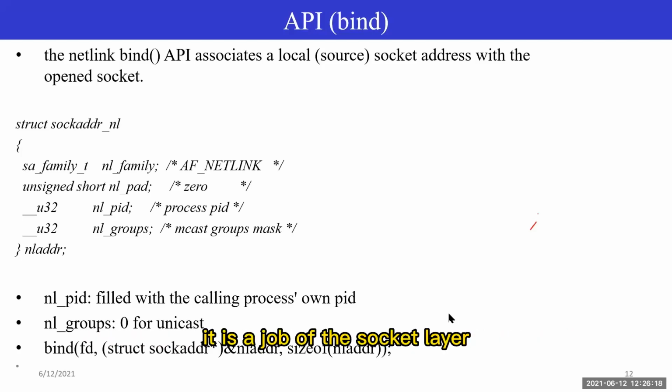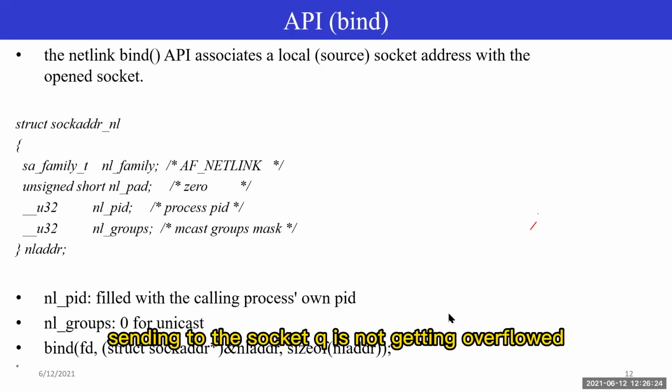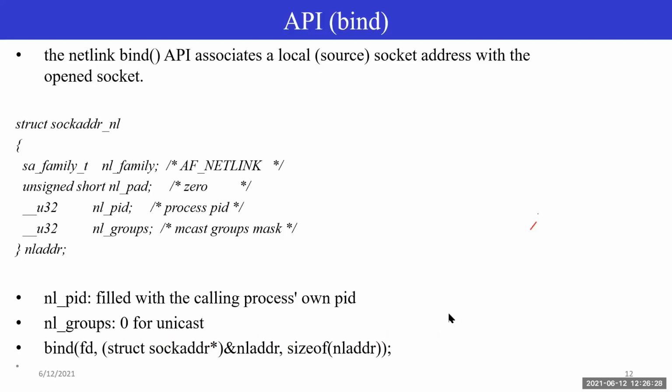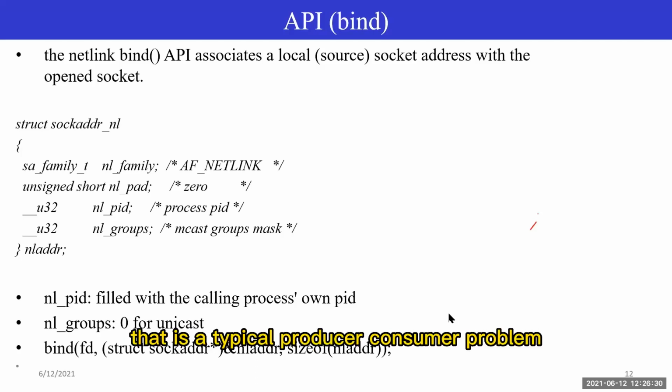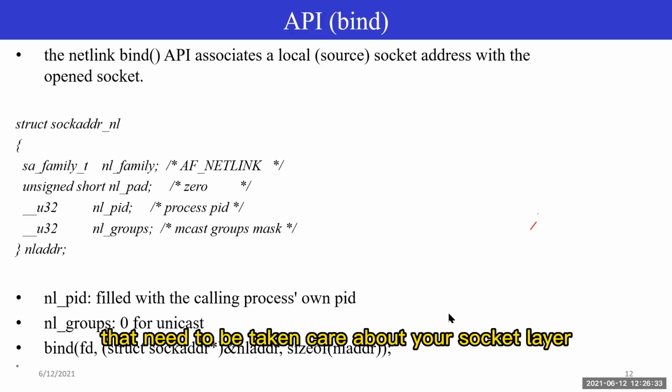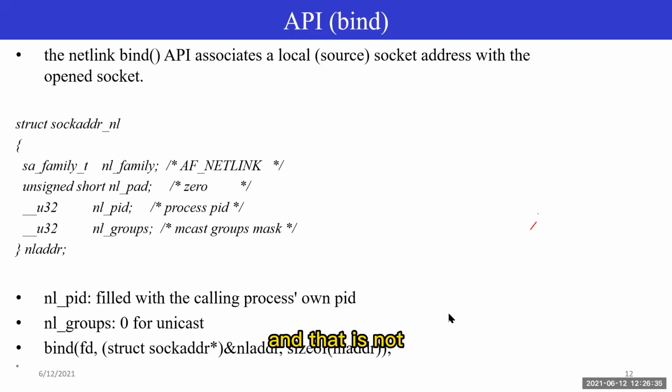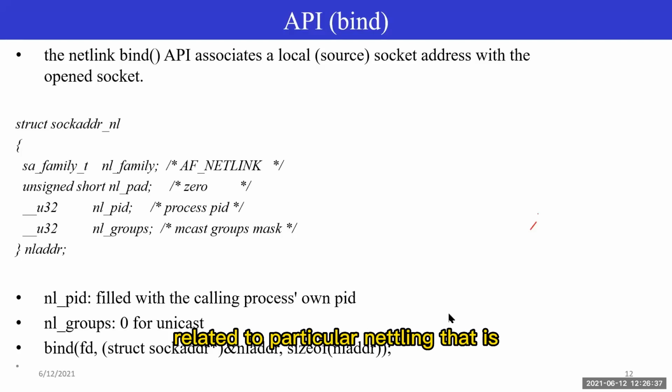It is the job of the socket layer to free up the memory so that whatever I am sending to the socket queue does not overflow. That is a typical producer consumer problem that needs to be taken care of by the socket layer, and that is not related to Netlink in particular. That is common for all sockets.